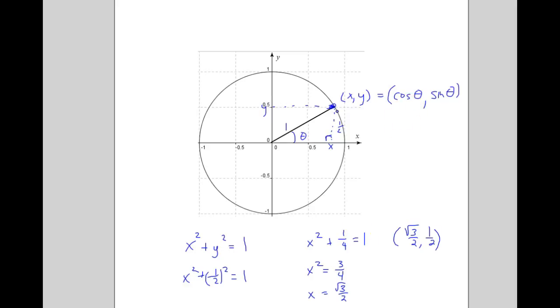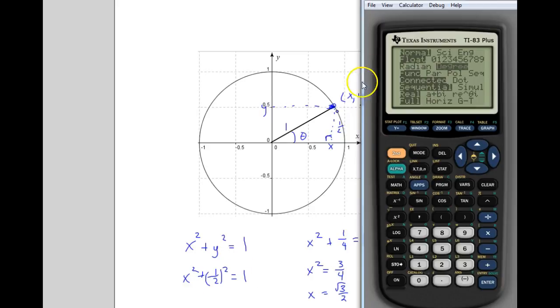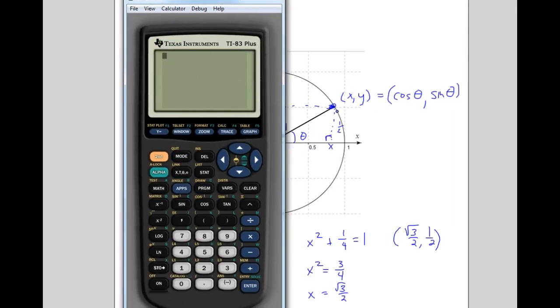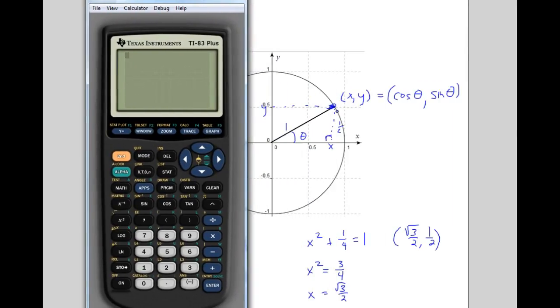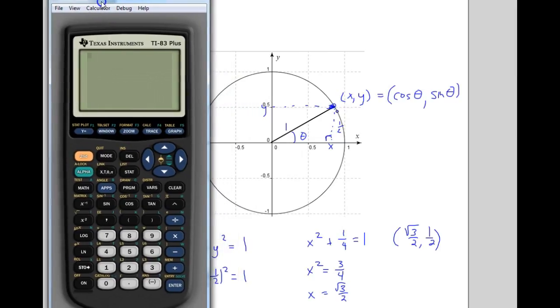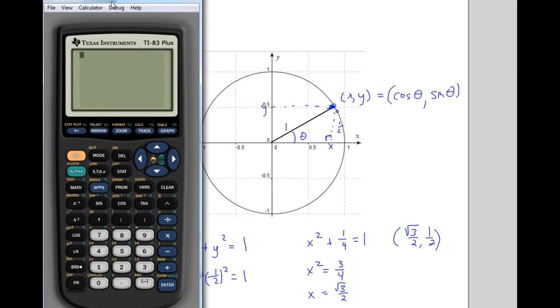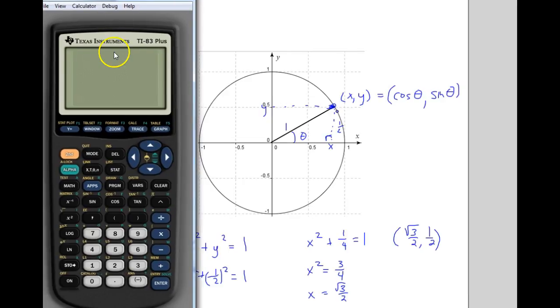Okay, now I want to show you that that angle that we're dealing with, I happen to know it. You'll learn it soon enough. We can look at your unit circle from the last section, but this is a 30-degree angle.